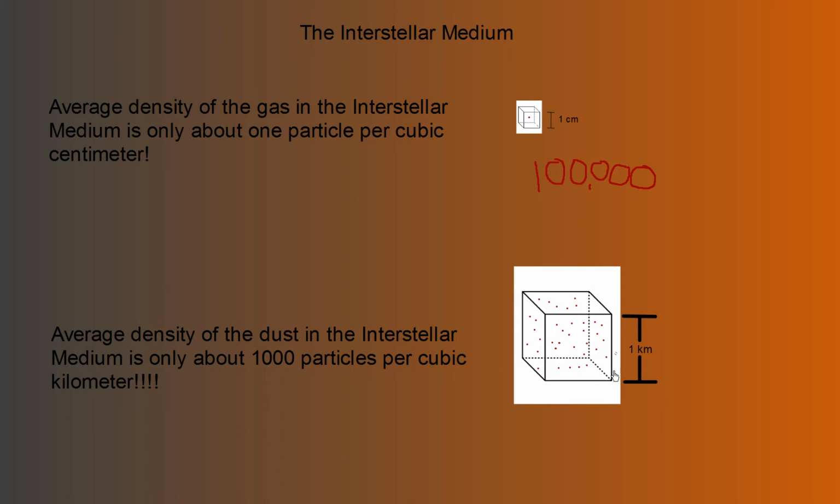You've all traveled a mile before, and a kilometer is not that much smaller than a mile. It's a pretty long distance. So if you have a cube a kilometer by kilometer by kilometer, it's only about 1,000 dust particles in there, out in space. That's basically nothing. You could go hundreds of feet before hitting the next particle. That's crazy.